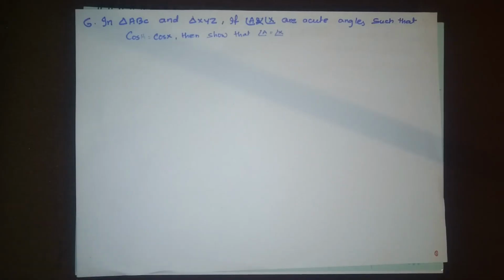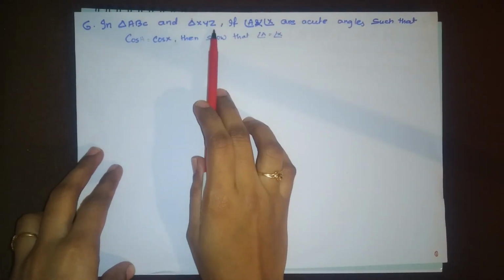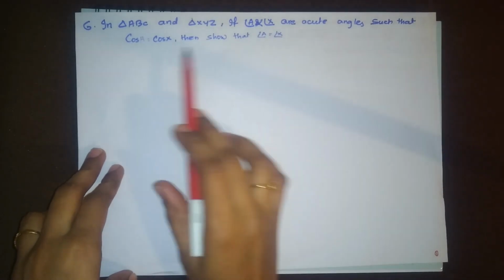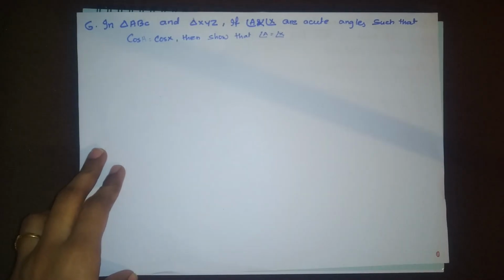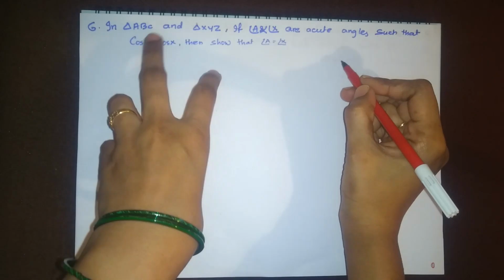Sixth problem. This problem is similar to example problem number 2. Here, in triangle ABC and triangle XYZ, if angle A and angle X are acute angles such that cos A is equal to cos X, then show that angle A is equal to angle X. Now, let's consider two triangles here.